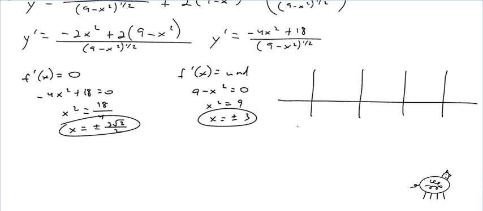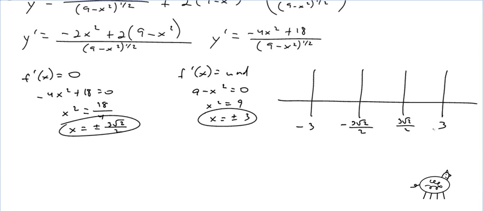If we actually get the value of 3 root 2 over 2, it's approximately 2.1. So we have negative 3, negative 3 root 2 over 2, 3 root 2 over 2, and positive 3.